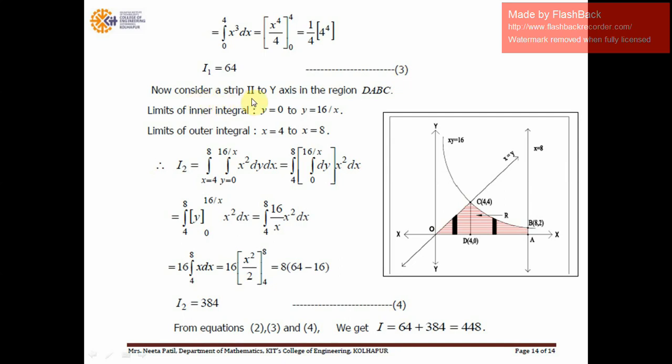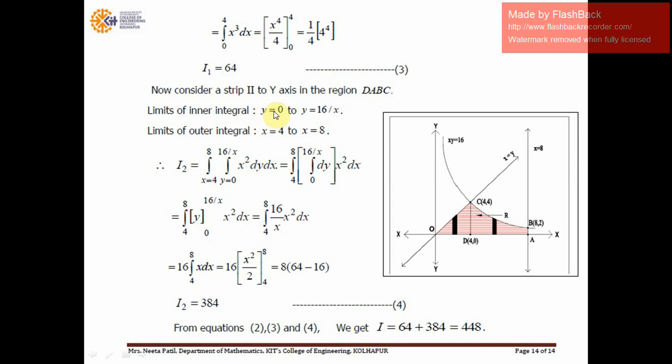Now consider a strip parallel to the y-axis in the region DABC. To get the limit of the inner integral, again consider the equations of the curves at both ends of the strip. The lower end of the strip is on the x-axis, so the equation of the x-axis is y is equal to 0.